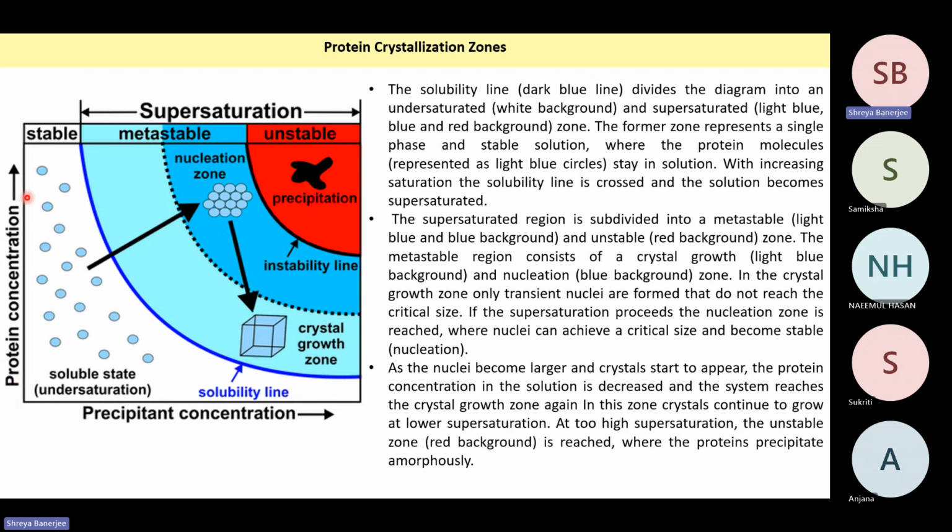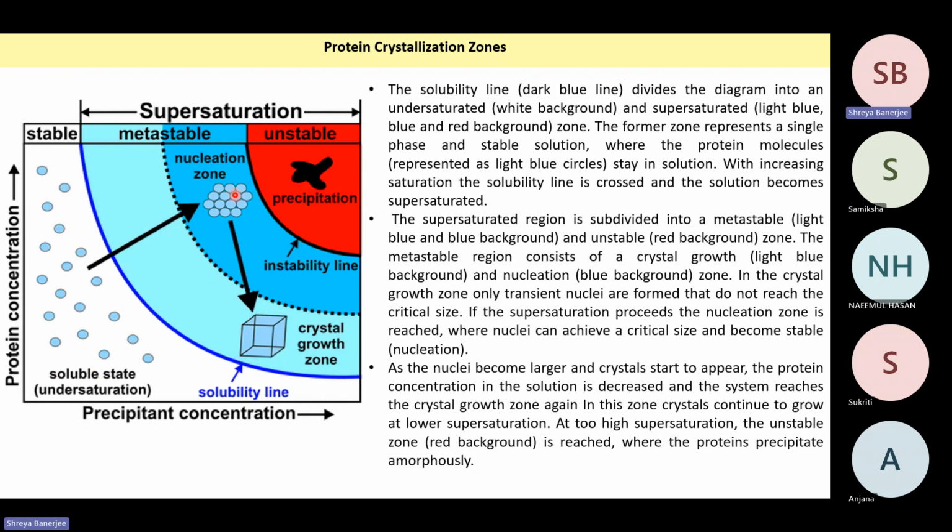Suppose the protein concentration is in this white region. This is basically called undersaturation. That means the protein molecules will stay in the solution. They will not form crystals, they will just remain in the solution. So this is called the soluble state, in which the protein molecules are soluble.